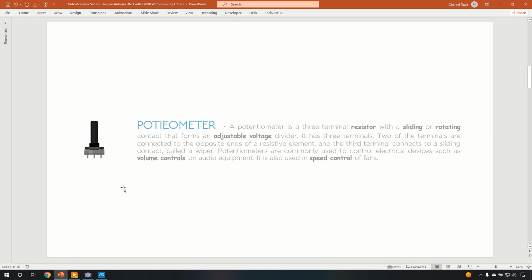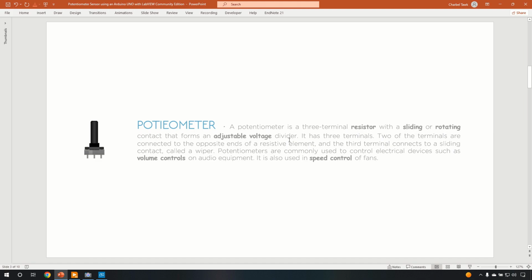So, as we said, a potentiometer is a 3-terminal resistor with a sliding or rotating contact that forms an adjustable voltage divider. So we are going to understand what a voltage divider is in this tutorial, how to derive its equation, and how to manipulate it in order to get the resistance value as well.